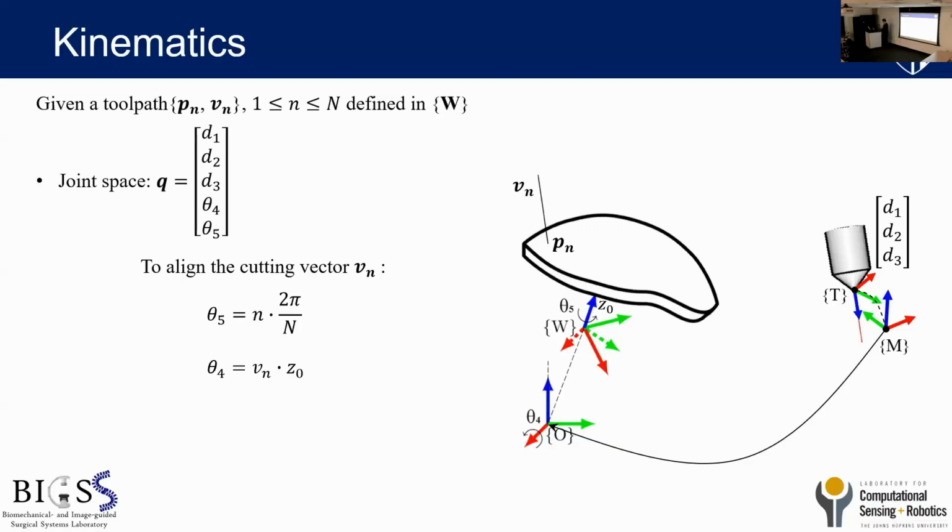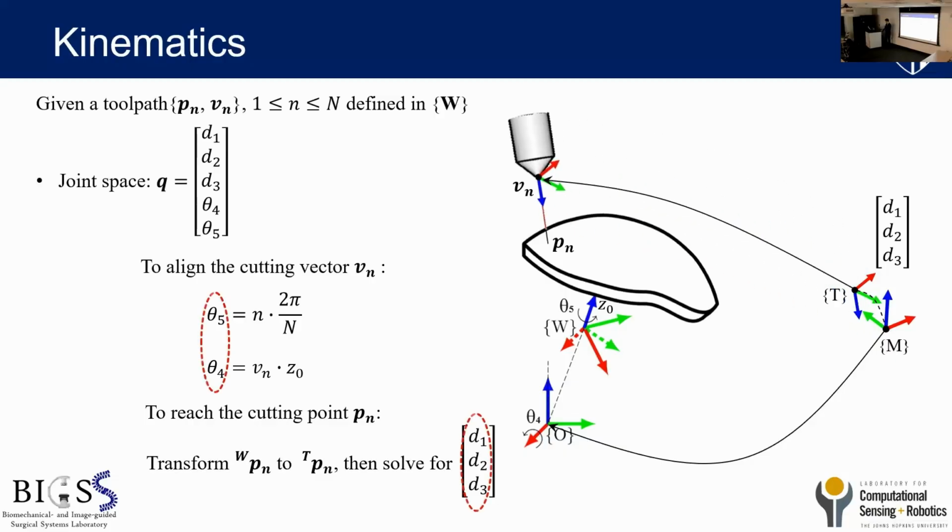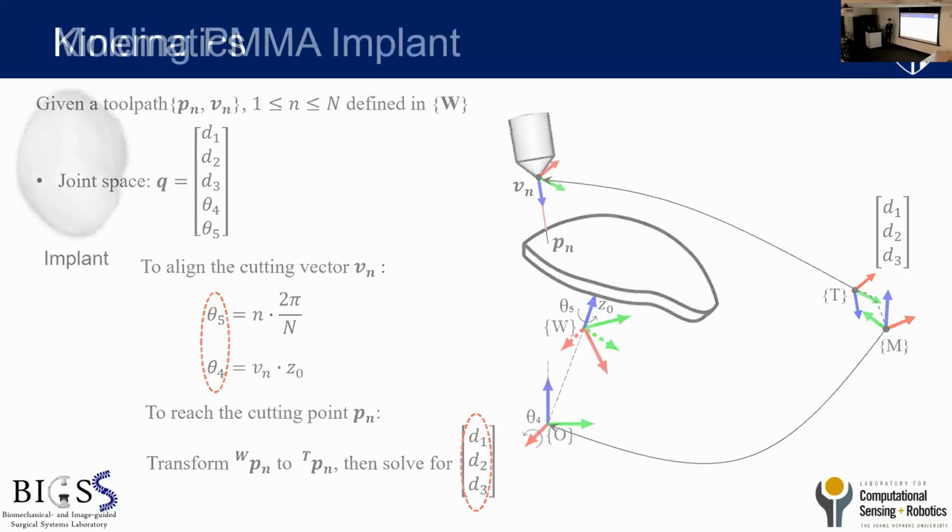And then we compute theta 4, the tilting angle. We want to align the platform to that vector. Once we have these 2 angles, we can compute the linear joints by transforming this point P from the workpiece frame to the tool frame, and then we can solve for D1, D2, D3.